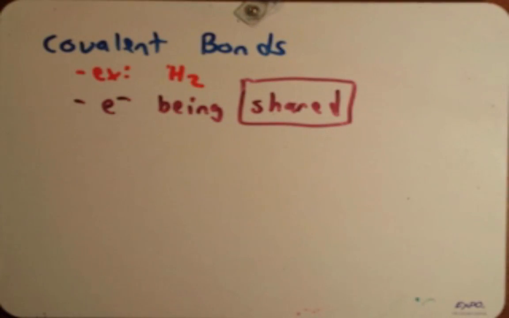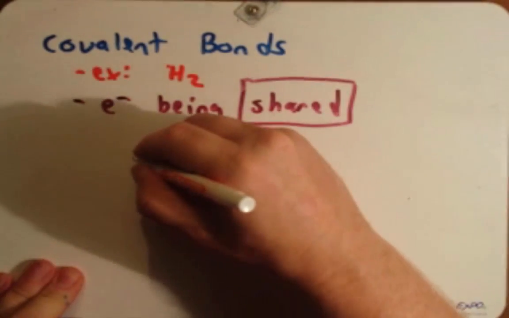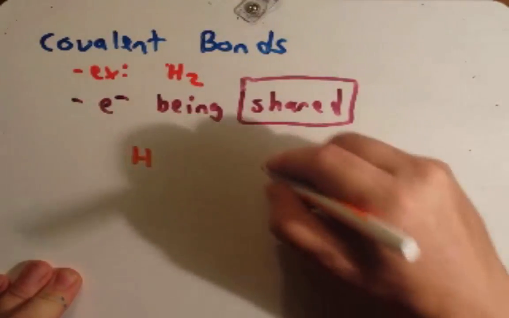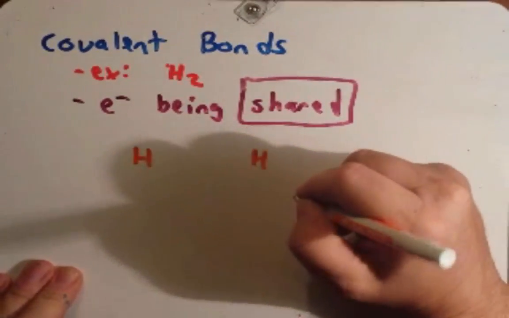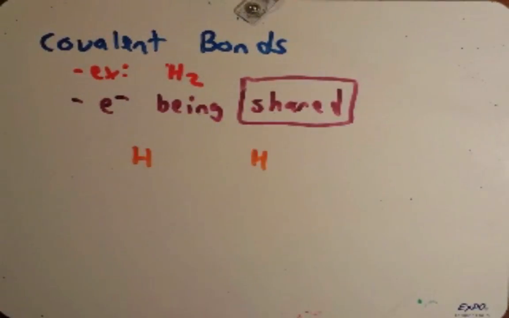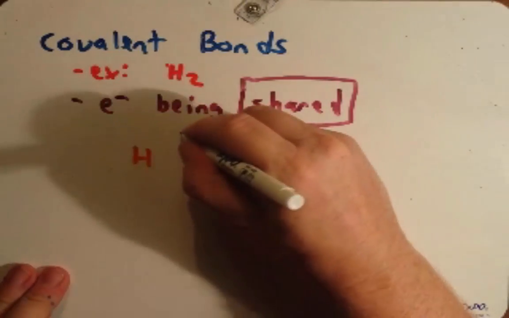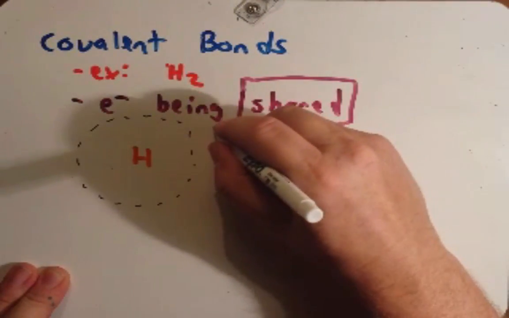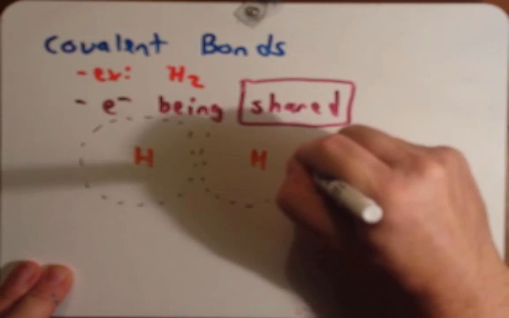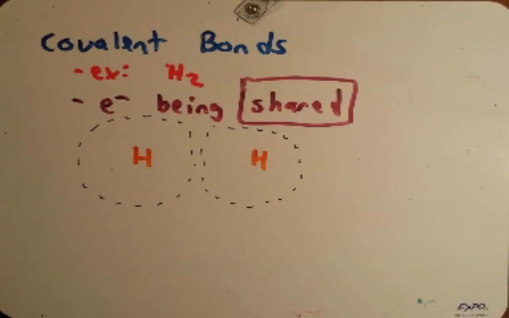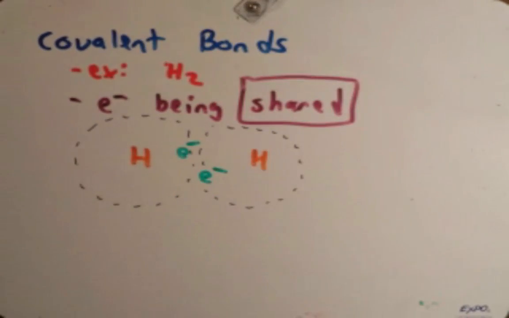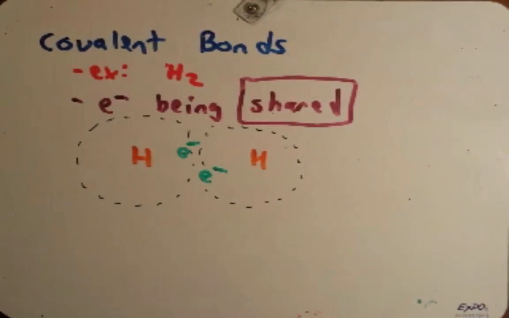So let's talk about how this molecular hydrogen forms. You have one atom of hydrogen here and one here. They form this electron shell around them. So this is their outermost electron shell. They each have an electron. In order to complete this outer electron shell, they share these two electrons.